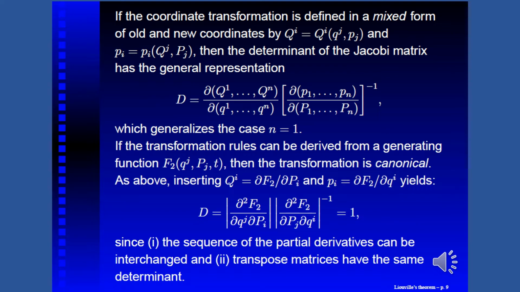Since the sequence of the partial derivatives can be interchanged, they can be cross multiplied and cancelled. The transpose matrices have the same determinant, which means that the transpose of the same modulus gives the value of 1.